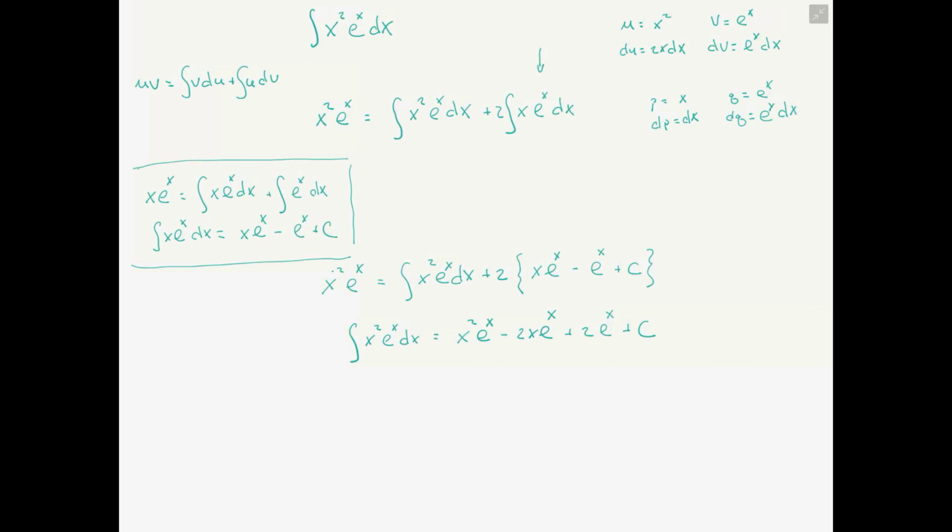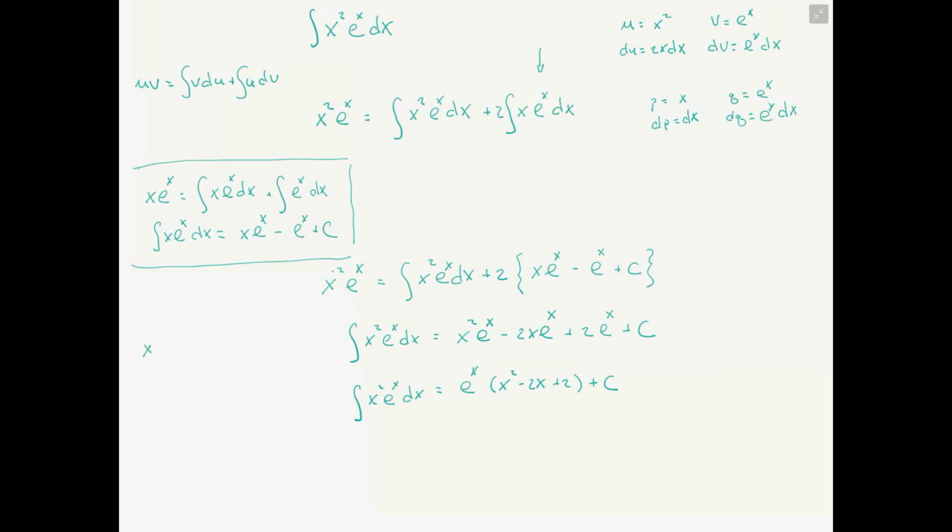Now we can simplify this a little more. The integral of x squared e to the x dx equals, now we pull e to the x out, e to the x times x squared minus 2x plus 2, plus c. We could either leave it like that or try and simplify it a little more.